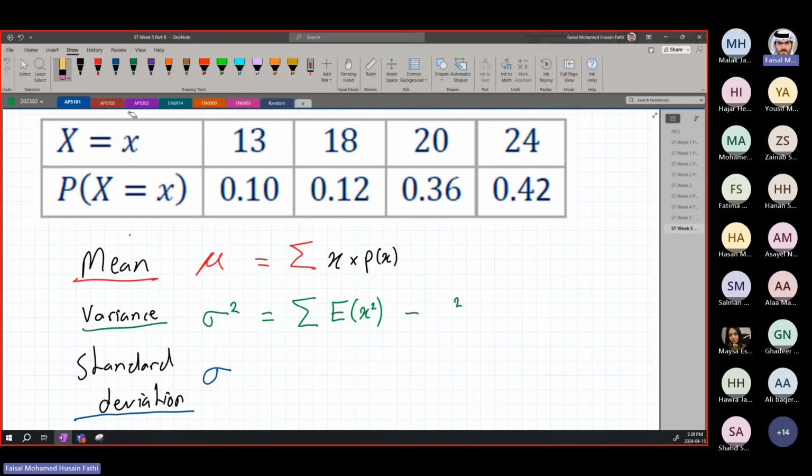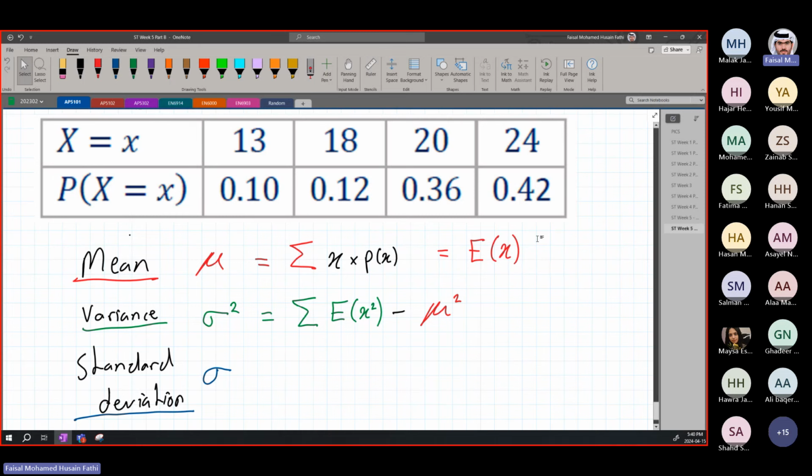Again, this mu is just our mean. So it's the mean squared. Once we find our mean, we can find our mean squared. But what is this E of x squared? The mean itself is sometimes written as E of x. This is a different notation of writing the mean. So the mean mu is also equal to E of x.